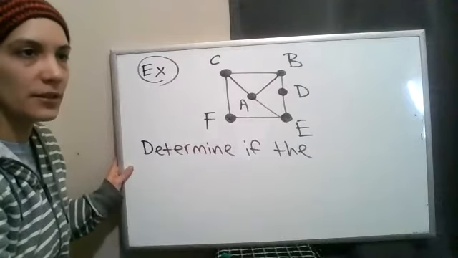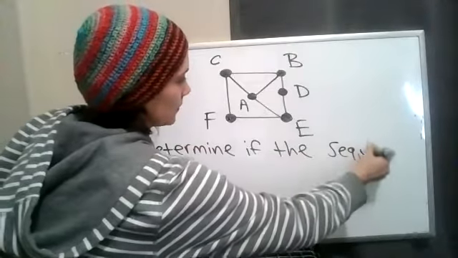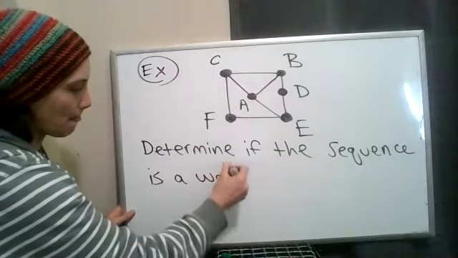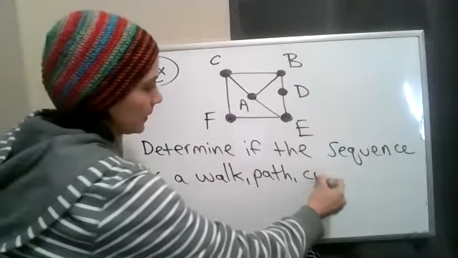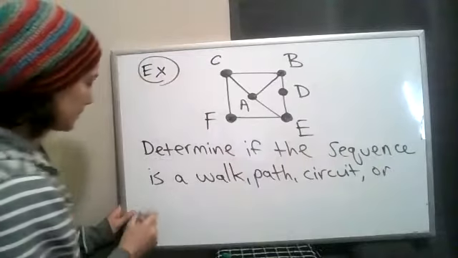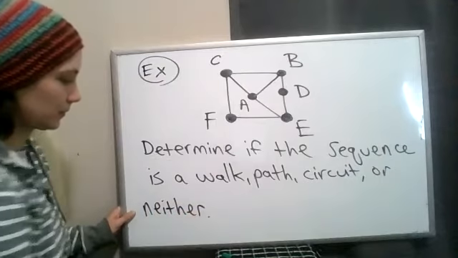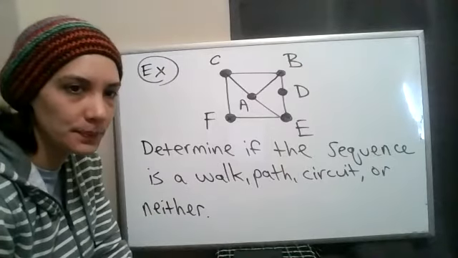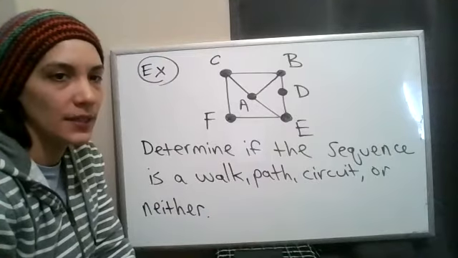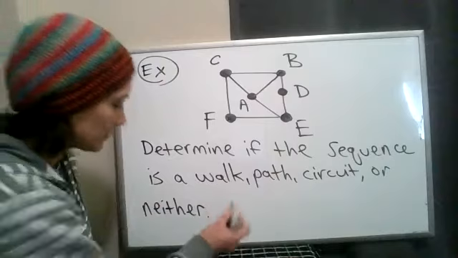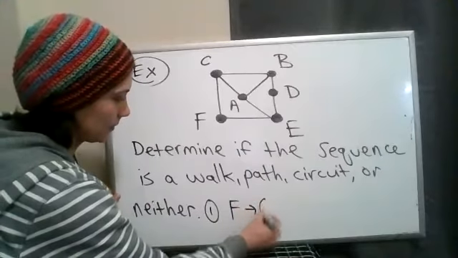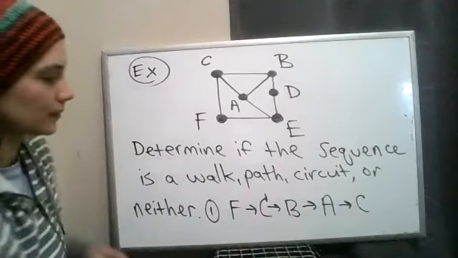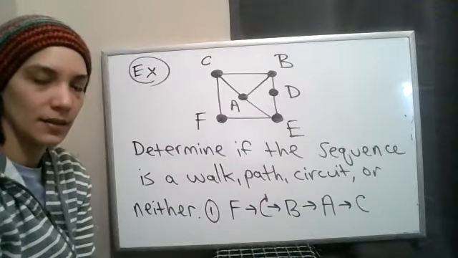Determine if the sequence is a walk, path, circuit, or neither. All right, let me start with F, C, B, A, C. Okay.